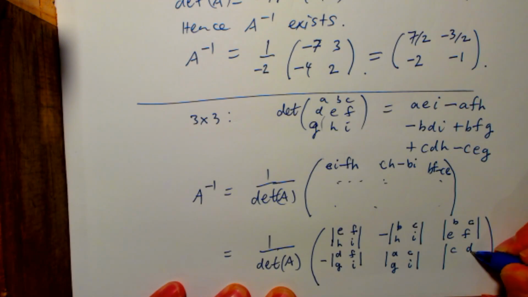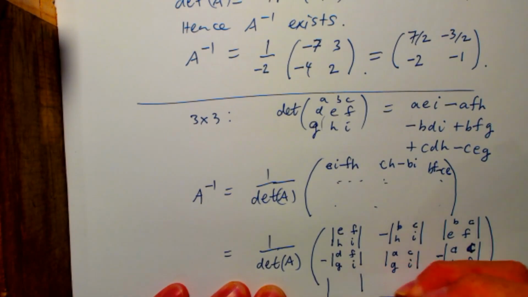Okay, so let me be careful about this. That's AC here and a minus in front, and then DF.